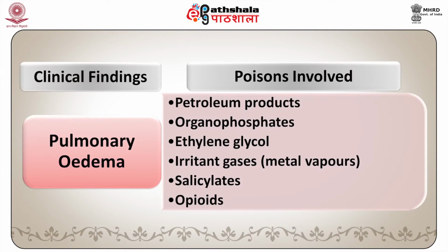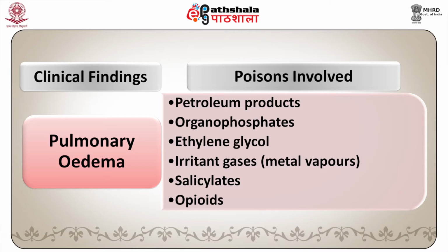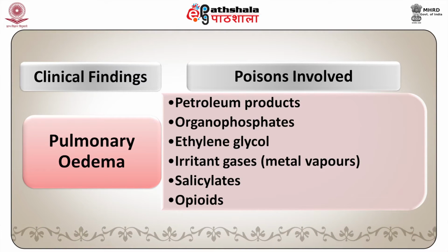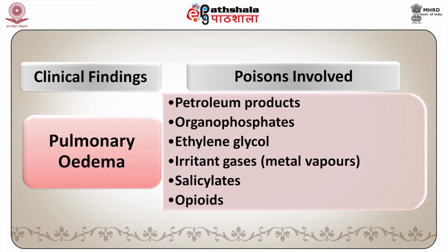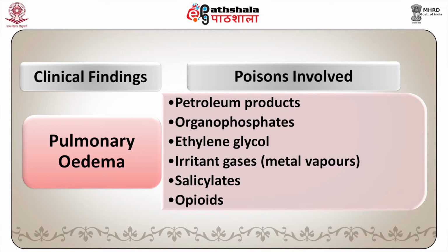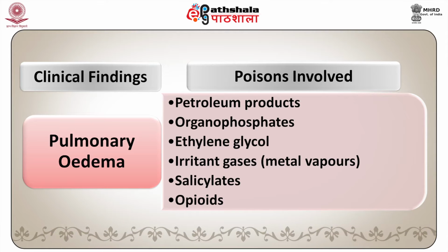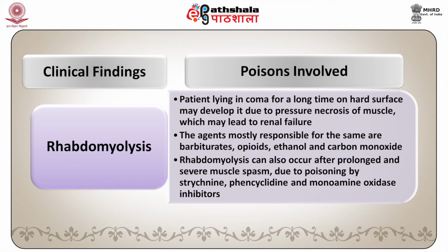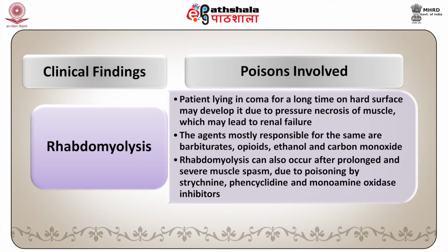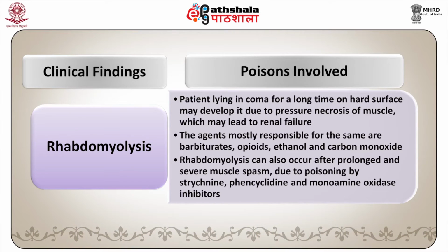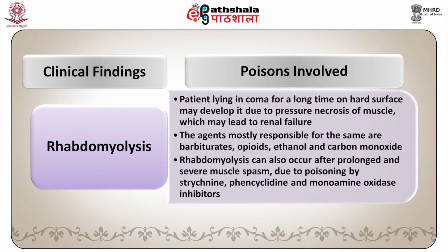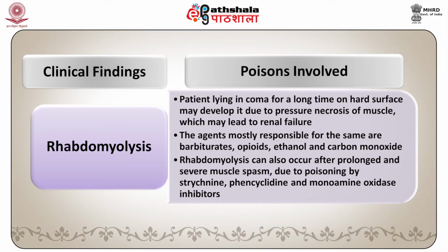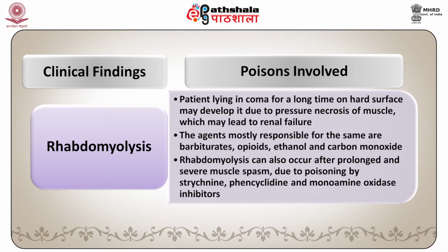In case of pulmonary edema, it may be due to petroleum products, organophosphates, ethylene glycol, the irritant gases or their metal vapors. Then we have salicylates, opioids, etc. Next is rhabdomyolysis. Patient lying in coma for a long time on hard surface may develop it due to pressure necrosis of the muscles, which may lead to renal failure subsequently.